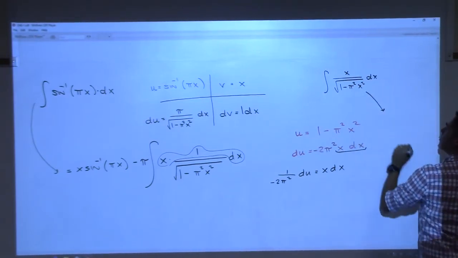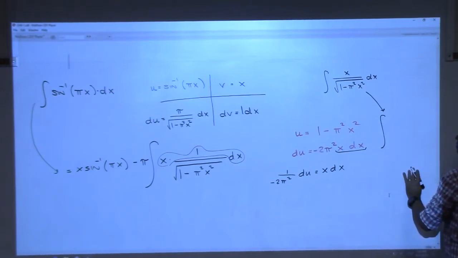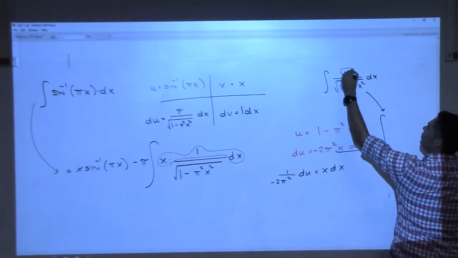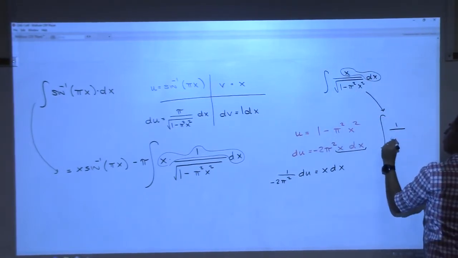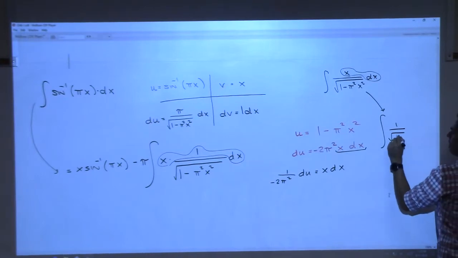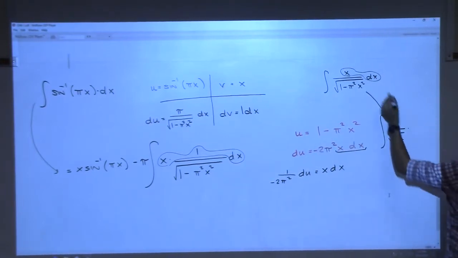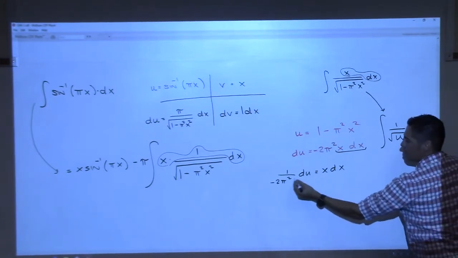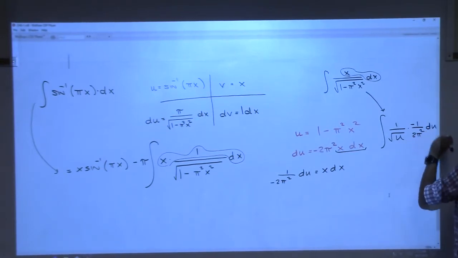When I do my u substitution, this becomes the integral of what? So I'm going to have 1 over root u, right? U was this. And then times x dx, but x dx is all of this, right? So let me write it as negative 1 over 2 pi squared du.